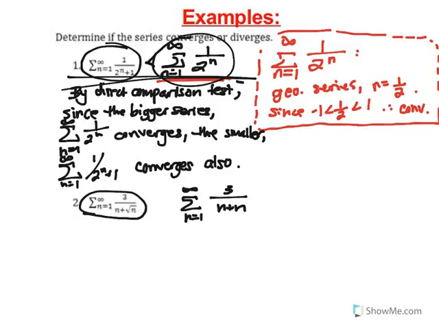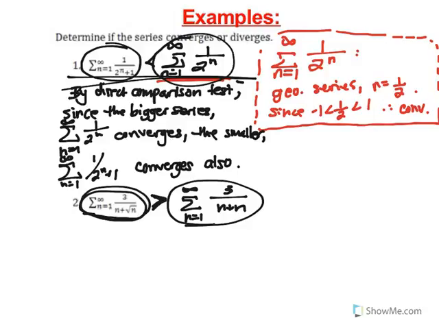If I'm thinking about 3 over n plus root n, well, root n is always going to be smaller from 1 to infinity. It's always going to be smaller than just n, right? So if the denominator is always smaller, the number will always be a little bigger. So really in this one, it's going to be greater than, not less than.